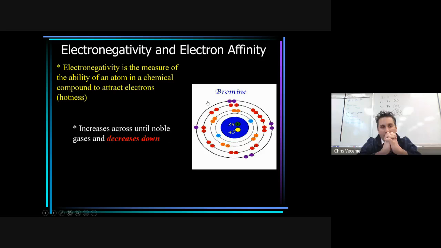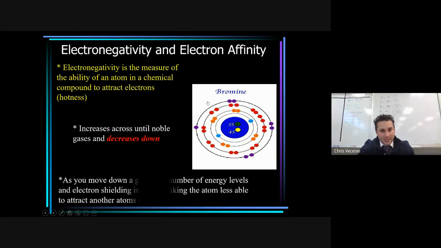Now, the last thing before I give you a breather is that both of these trends have a noble gas exception. They increase across until the noble gases, and then they shut down. The affinity increases across until the noble gases, then it shuts down. The reason it shuts down is because when you get the filled outer ring, they don't want to attract anymore.